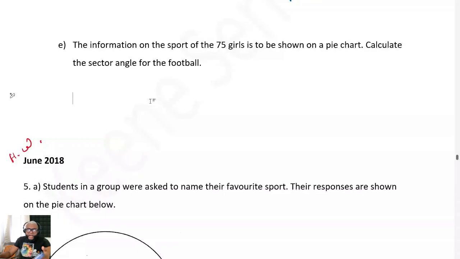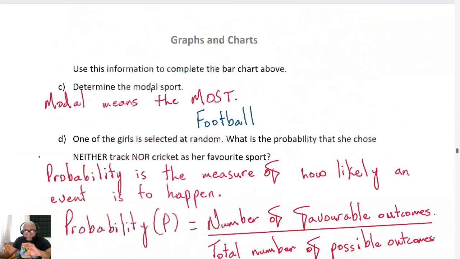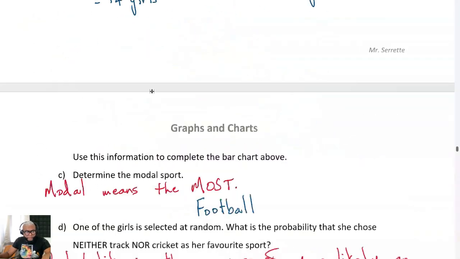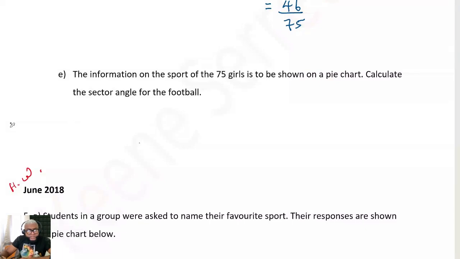So we want the sector angle for football in a pie chart, right? So football was how many girls? 21, right?